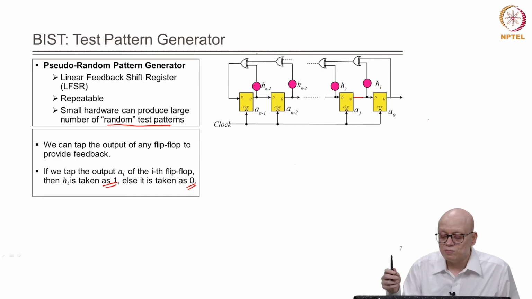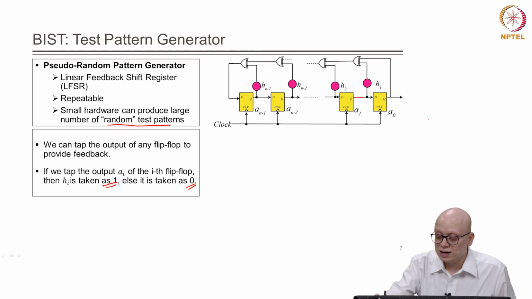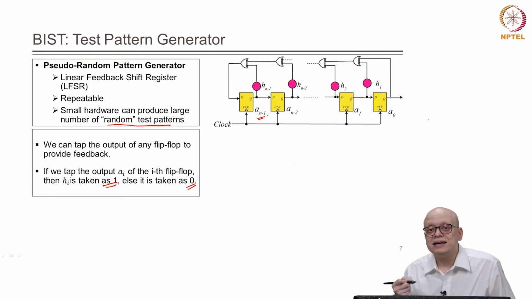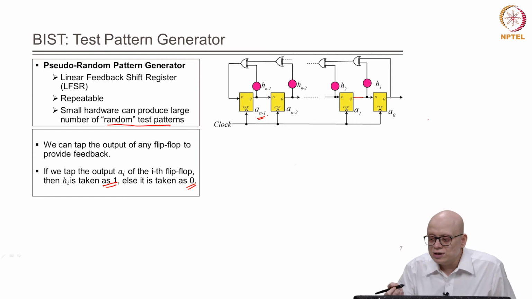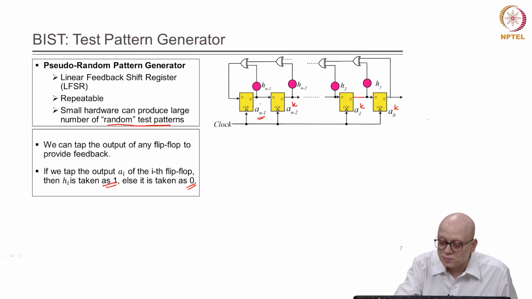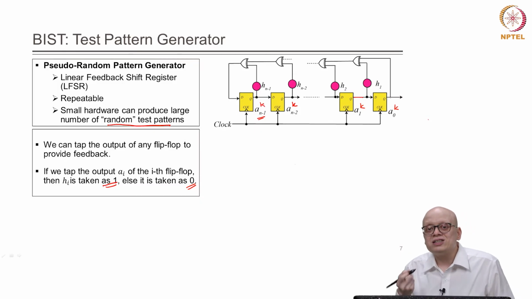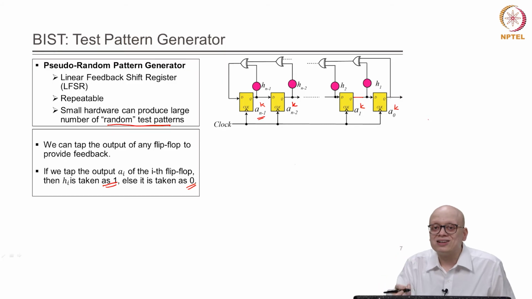Now, how can we understand the functionality of this LFSR? Let us assume that in this LFSR there are n state elements, marked as A0, A1, up to An-2 and An-1. These are n state elements or flip flops. Let us indicate their output, or the value at the Q pin, at the kth clock cycle as A0k, A1k, An-2k and An-1k. Then we can predict what their values will be in the k+1th clock cycle.